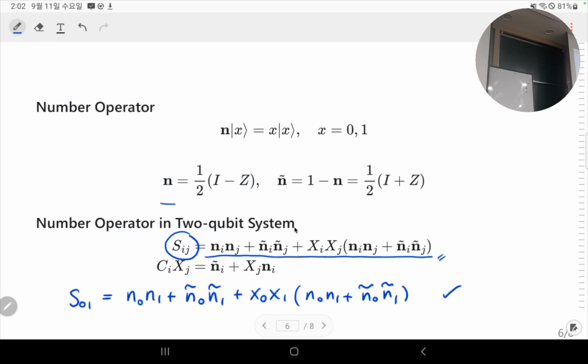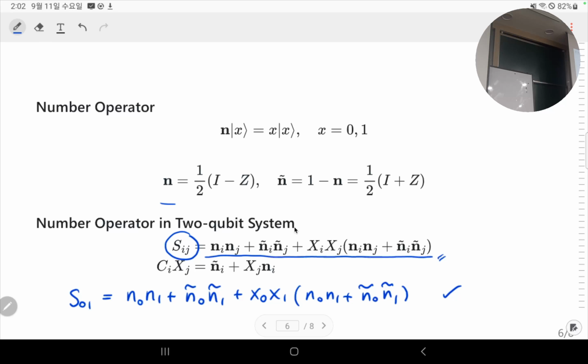It's like a product, because these two qubits are both acted on by this operator. It's a product, but not just this one, it's a sum of these ones.